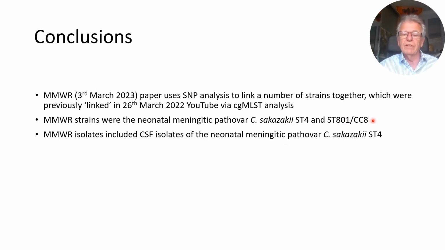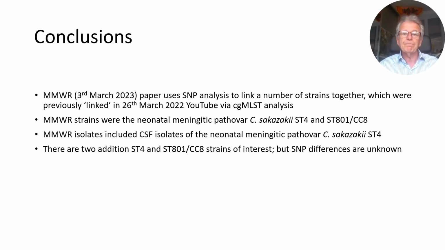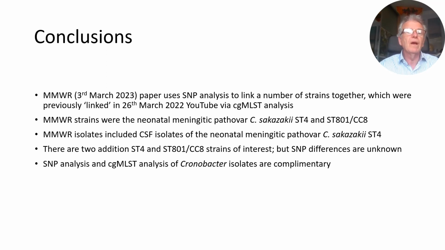And we also had these clonal complex 8 strains. The MMWR, as I say, does have those CSF isolates, but curiously, there are two other strains which were not included in their paper, and therefore we don't know the SNP differences. It will be interesting to know.